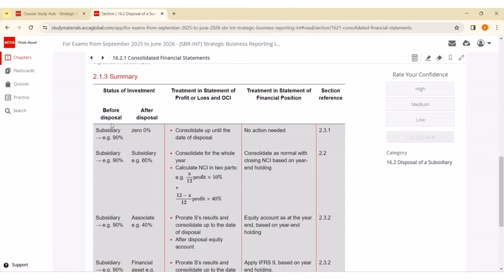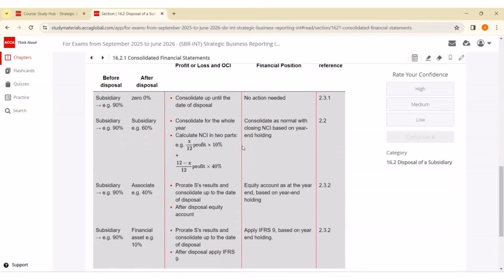Now over here we can see that let's suppose there was a 90% holding in a subsidiary. Afterwards there is zero, complete disposal. So consolidation is going to be done up till the date of disposal, and then there is no treatment in the statement of financial position. Similarly, if it's a movement from subsidiary to subsidiary, consolidation remains as it is, but the NCI part is going to be distributed because during the year, NCI changed.